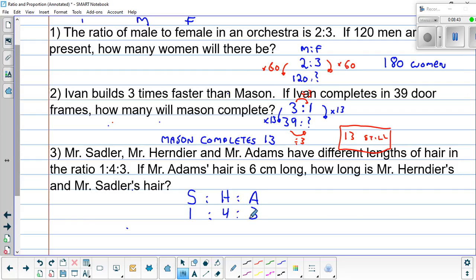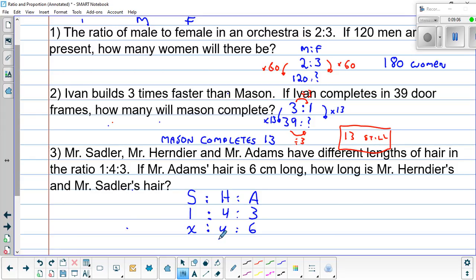Mr. Adams' hair is 6. How long is Mr. Herndier's and Mr. Sadler's? So instead of just giving them question marks, I'm going to give them variables this time to solve for. So Sadler can be X and Herndier can be Y.